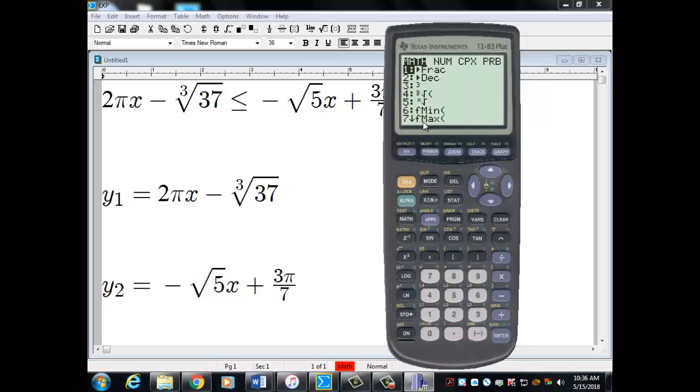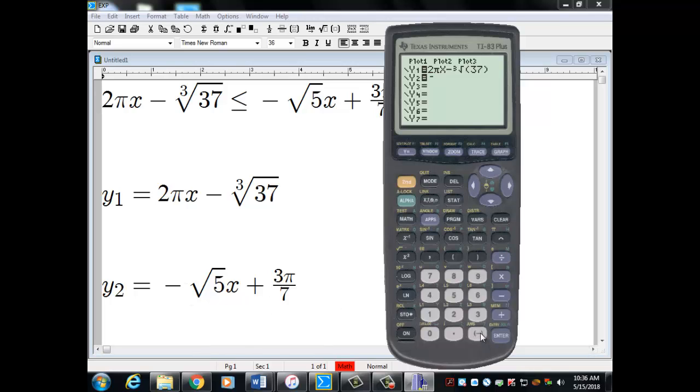So math, option number 4 is the cube root. If you had to do the 5th root, you'd use option 5. But you'd put a 5 first, and then you would hit the x root, and that would be the 5th root. Okay? So 2 pi x minus the cube root of 37.